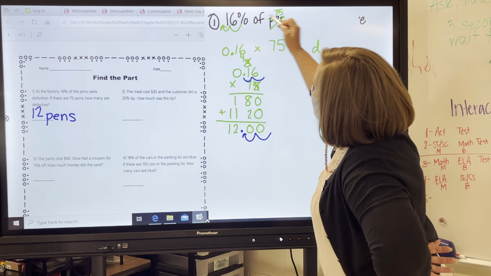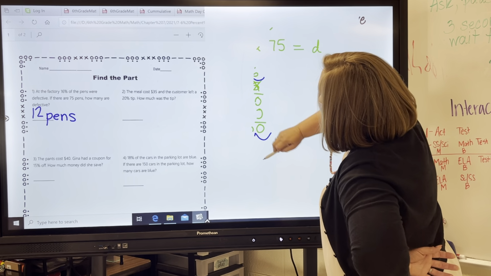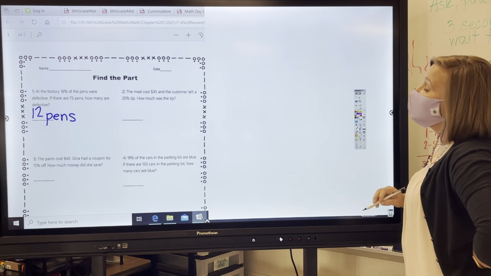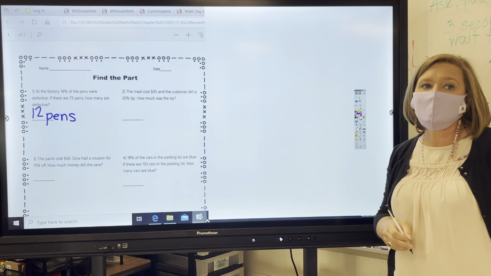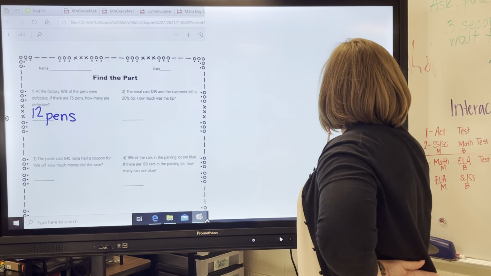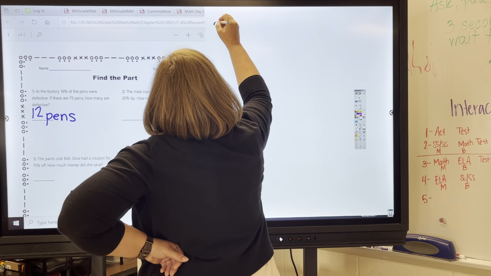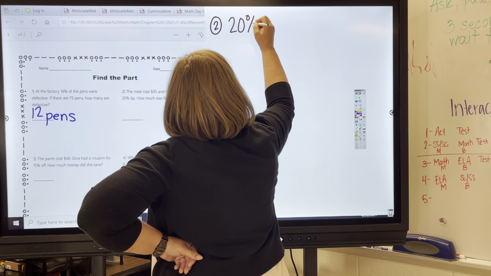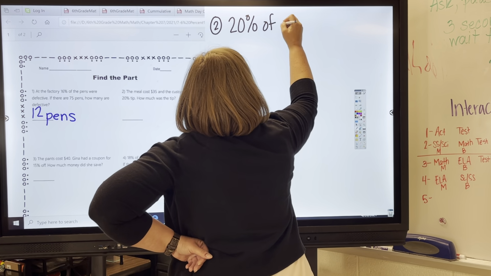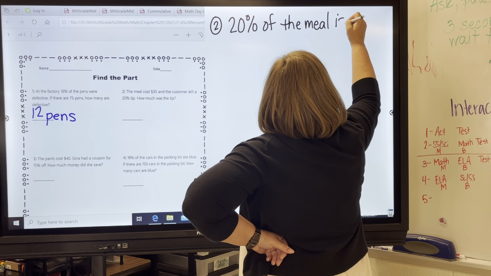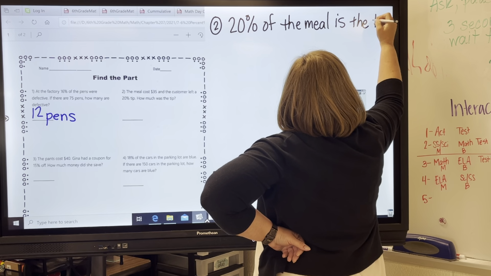Number 2. The meal cost $35 and the customer left a 20% tip. How much was the tip? So, we've got 20% of the meal is the tip?